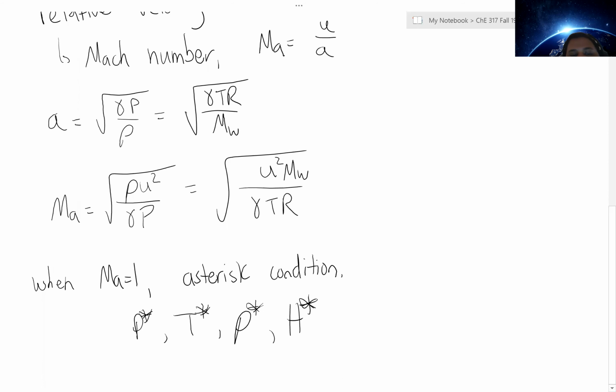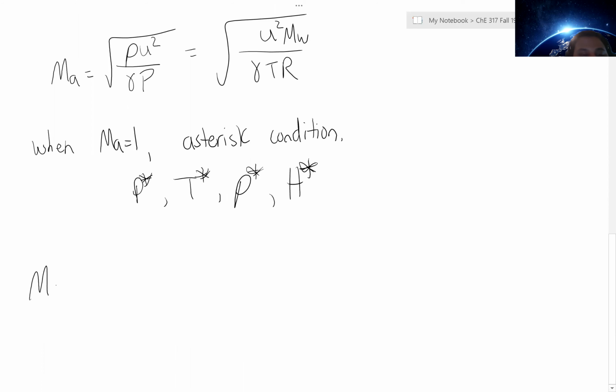If the Mach number is low, and that's relative, usually if it's below maybe, see, I don't want to give you a number because it really varies. Maybe 0.1 is safe.